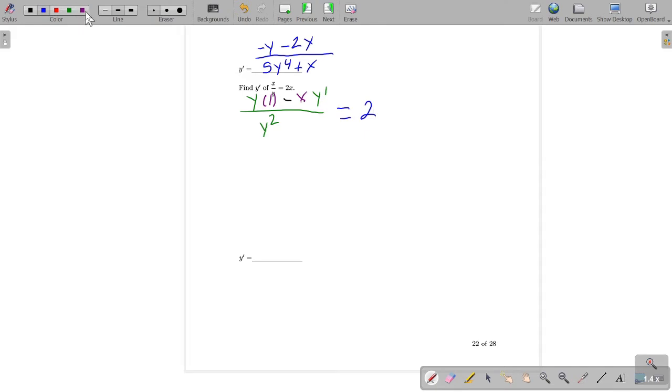So I will now multiply each side by y squared. So this would be y minus xy prime equals 2y squared. I will subtract y.